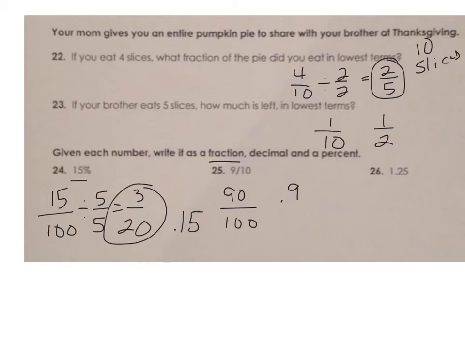And as a percent, it would be 90%. 1.25, it's already written as a decimal. As a fraction, we could write it as 1 and 25 over 100. And as a percent, this is 125%.